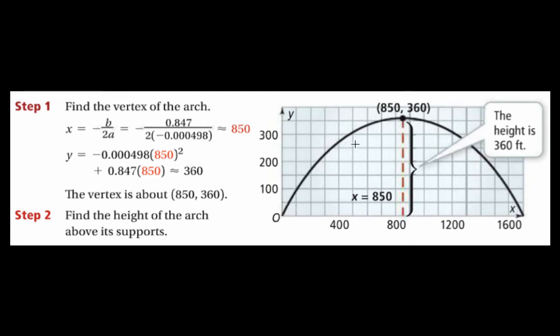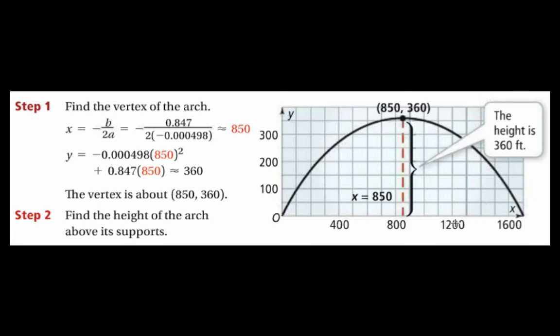Taking a look at this arch on a coordinate grid, our x-coordinate is 850 along the x-axis, and our y-coordinate is 360. So here is the arch on a graph. With that information, we just found the height. The height is 360 feet.